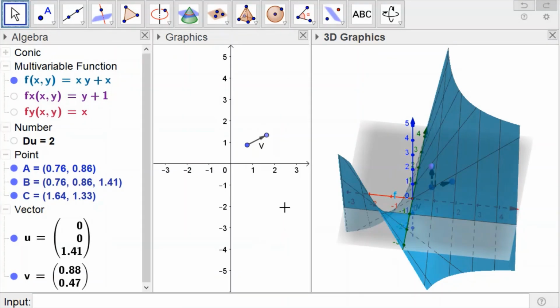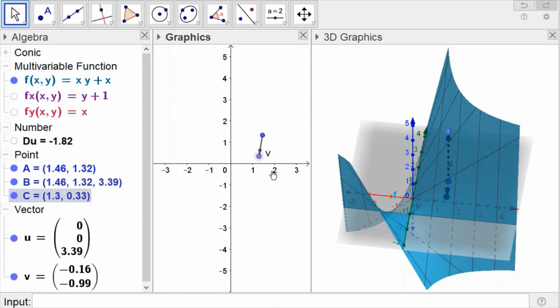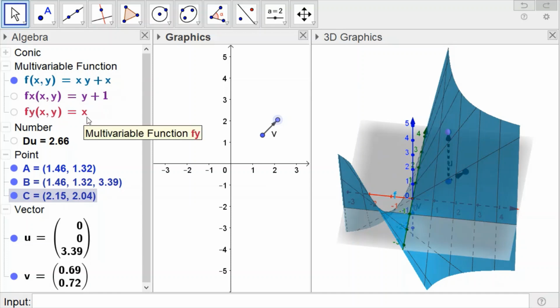And I'll show you how that works. So here's a point in my domain, right here. Here's my point, and here's my unit direction vector. I can put v in any direction I want. Over here is a function. It's xy plus x. I've computed the x and the y partial derivatives, as you can see here.